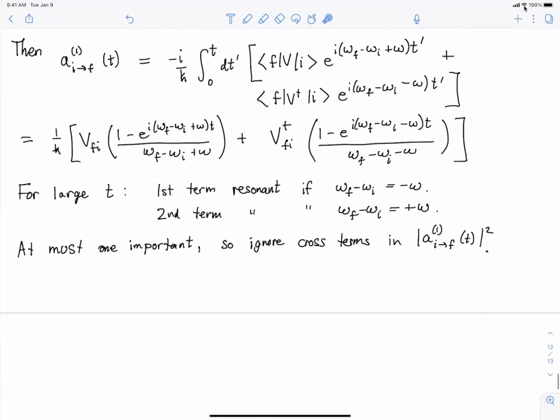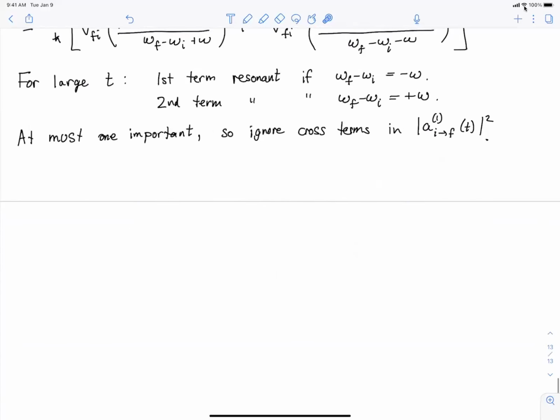So, let me first do an intermediate step, which is the probability to go from I to F. Everything here is just the same as what we did in the previous example, except there's two terms involving matrix elements.